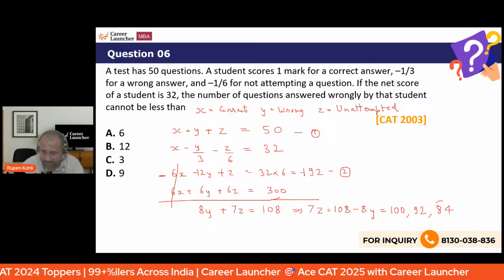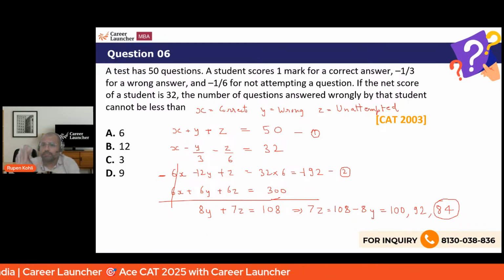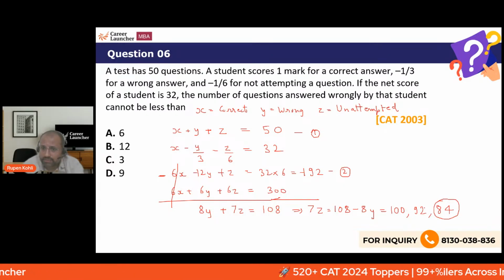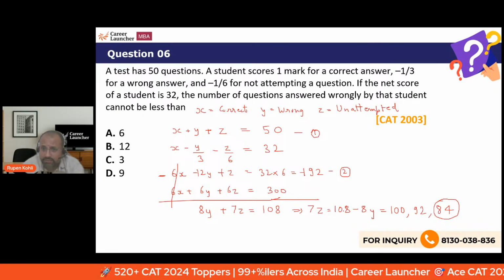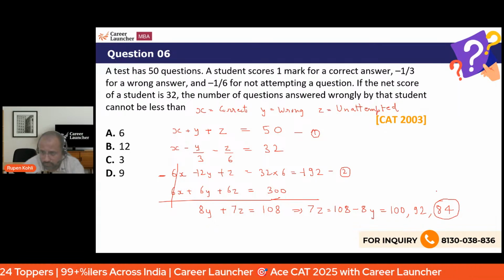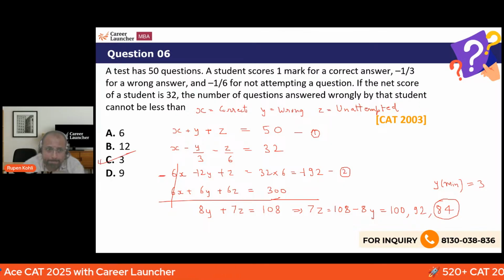Yes, this is where I see that 84 is 7 into 12. This is it. So for this, I had to subtract 8 thrice, right? Once, twice, thrice. For y equal to 3, I subtracted 8 into 3, 24, from 108. 108 minus 24 is 84. So therefore, our minimum possible value of y has been obtained as 3. That's the answer.